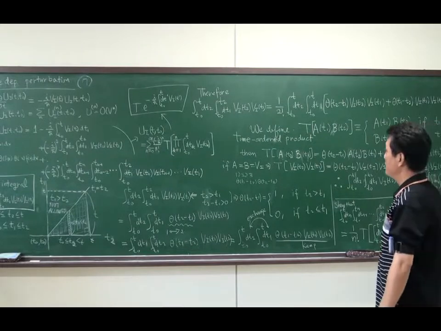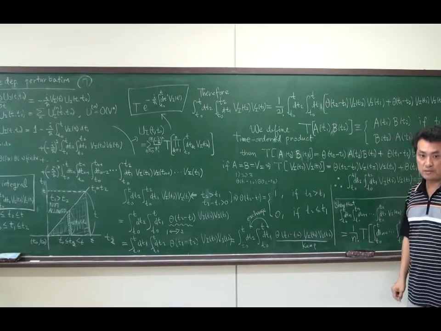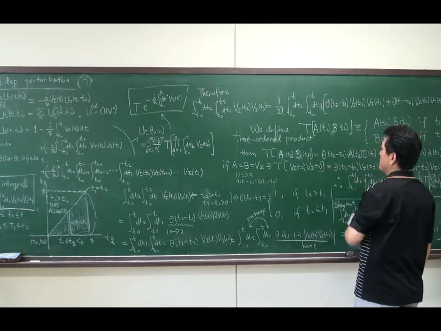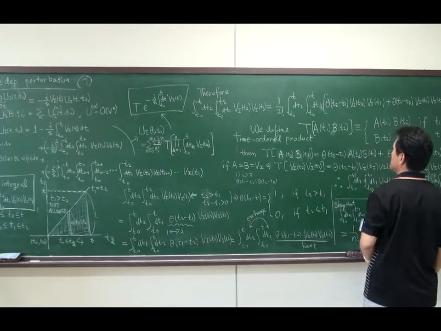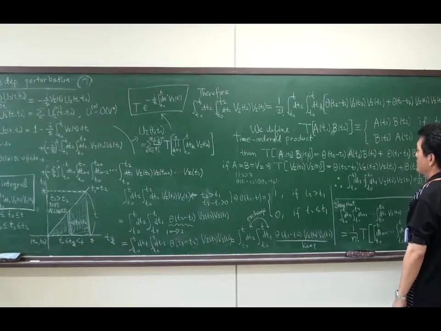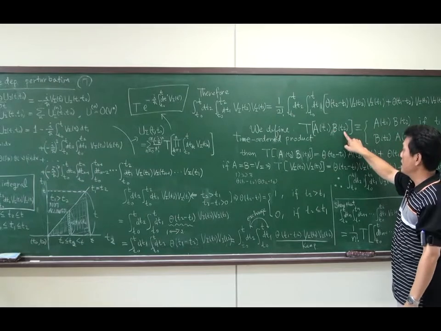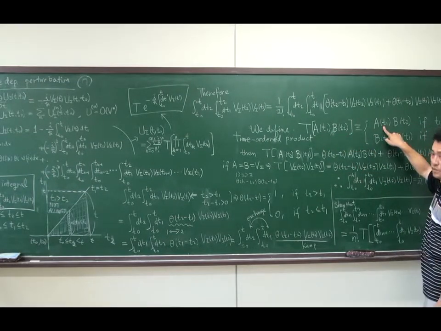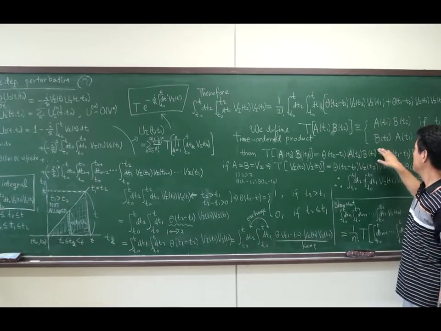So let us define the time-ordered product of two operators. If there is a product of two operators, A at T1 and B at T2, the time-ordered product is: if T1 is greater than T2, then the left one, A, appears on the left. If T2 is greater, then B appears on the left.